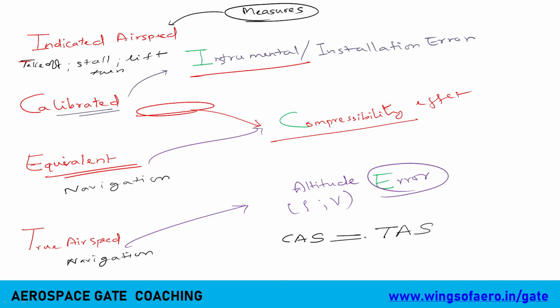Very good, incompressible. When there is no compressibility effect, and that is actually considered a very standard case. So you have to remember this point: if there is no compressibility effect, the true airspeed is going to be the same as the calibrated airspeed.